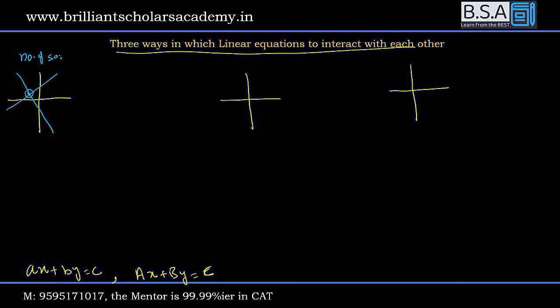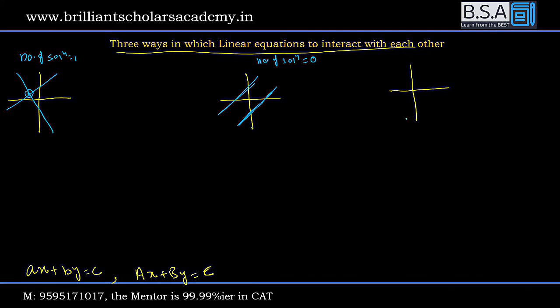Number of solutions, one. There is a possibility that two equations, two graphs will remain parallel. So there are no solutions. Number of solutions, 0.